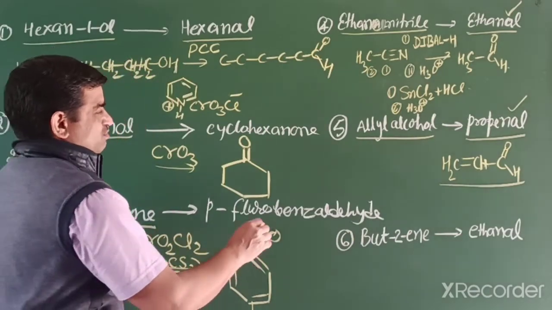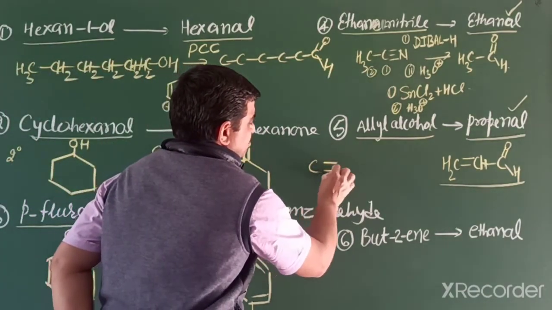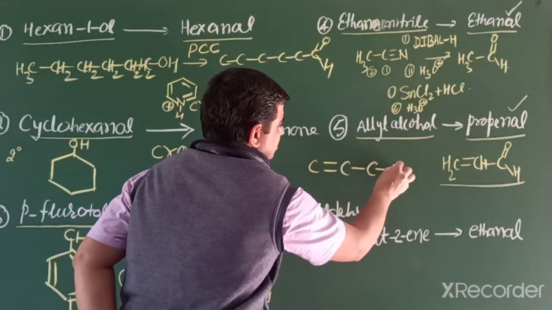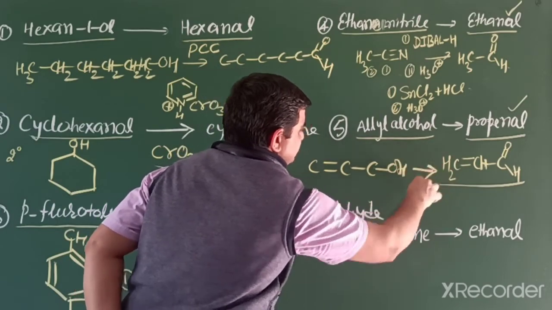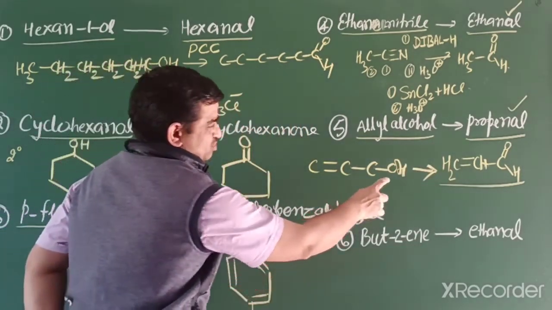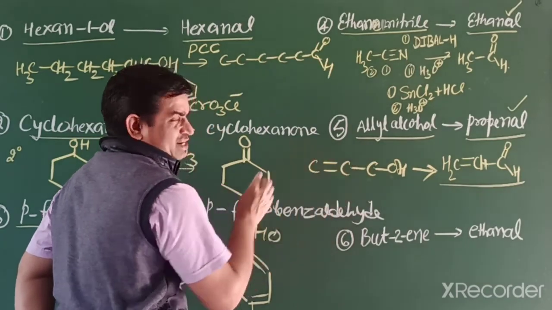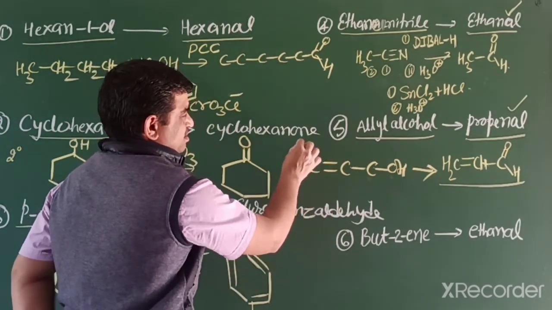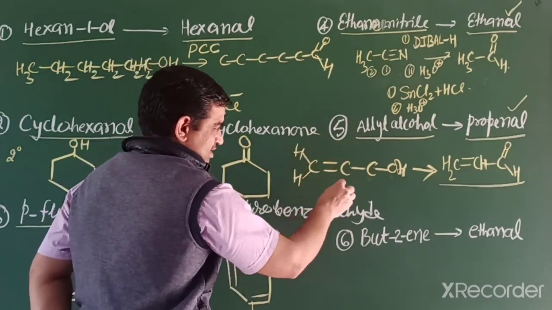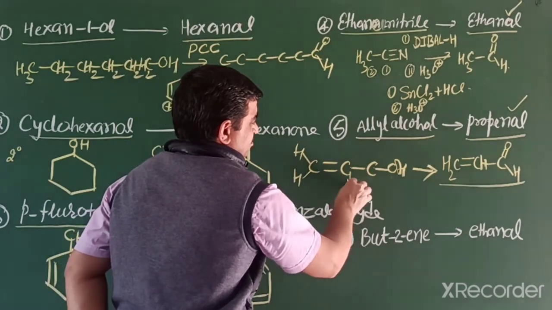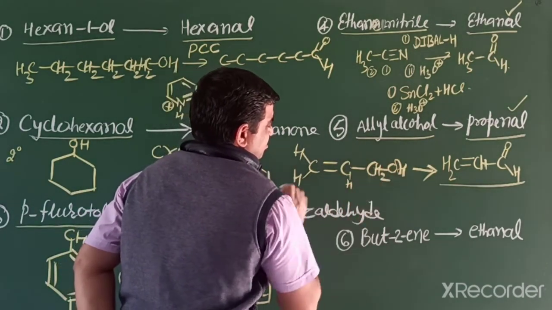So allyl alcohol means an alcohol like this type, where the OH is attached to the carbon next to a double bond, that condition is known as allylic.